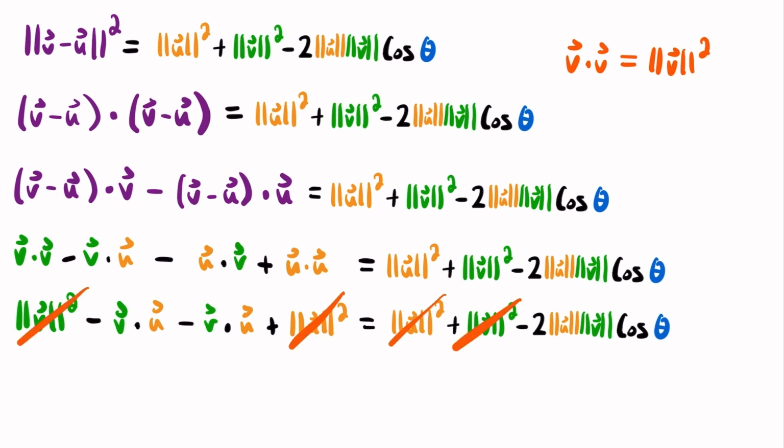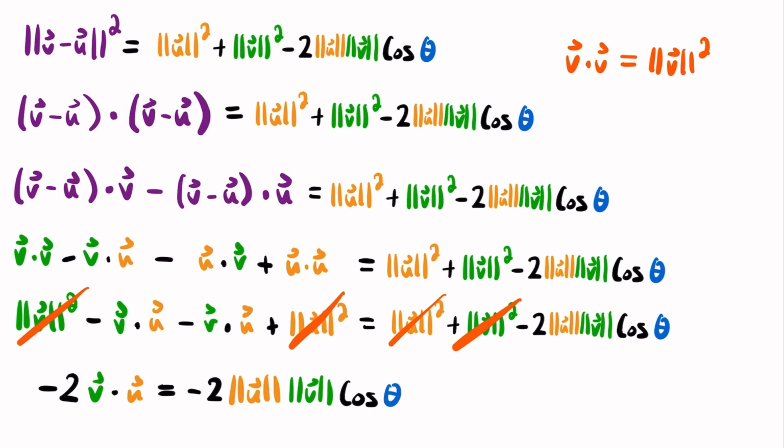And then another thing that we can do that's going to simplify nicely is that we can combine these two terms. Now that I reordered the multiplication of vector v and vector u here, these two terms look alike, so we can add them together and have negative 2 times vector v times vector u, and that's going to be equal to negative 2 times the magnitude of vector u times the magnitude of vector v times cosine of theta.